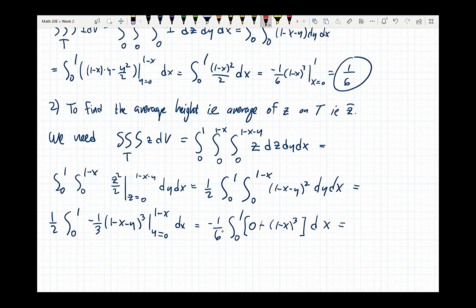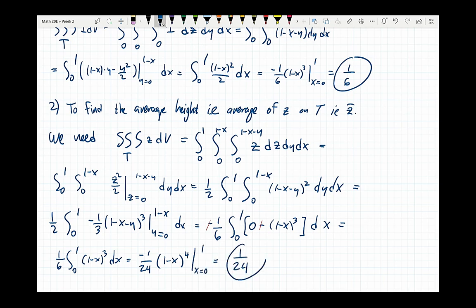Okay, I get to cancel these minuses. So that's 1/6, the integral from 0 to 1, 1 minus x cubed dx. That's negative 1 over 24. This is 1 over 24. Okay. So that's the integral of z.